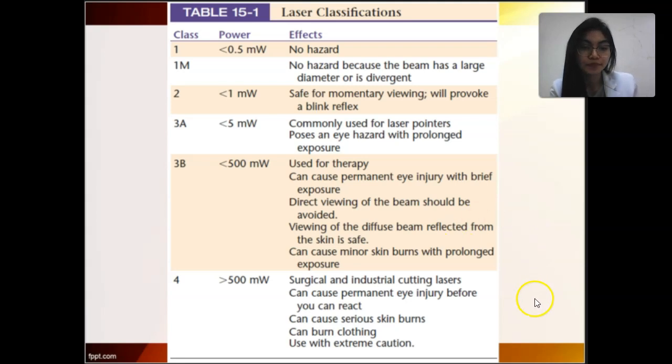And just as before, with your 3B, carry over lang yung other effects that it could cause: permanent eye injury, it can cause burns, it can actually cause din ng burn clothing and should be used with extreme caution. Yung di-discuss natin, we will be focusing here in your class 3.